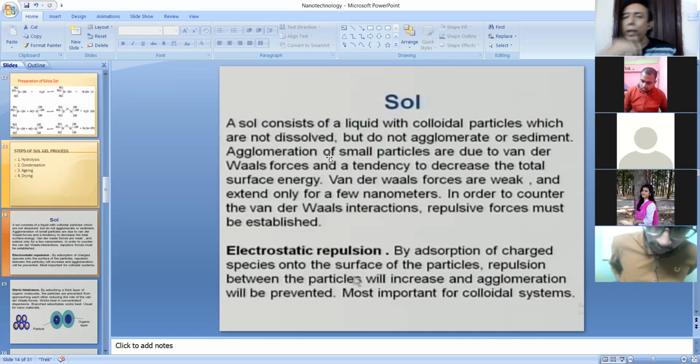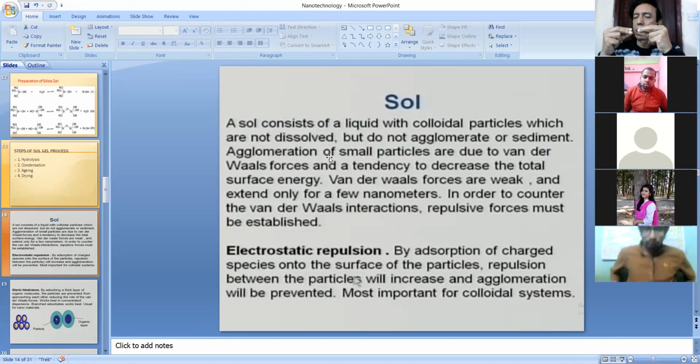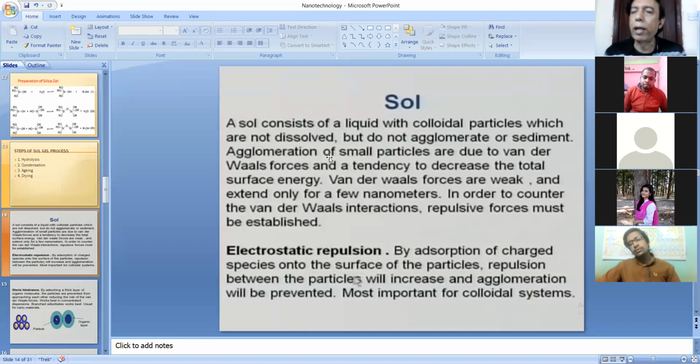Now, another particle is also positively charged. So if two particles come to agglomerate, the positive charge of one particle and the positive charge of the other particle will repulse each other and prevent the agglomeration.